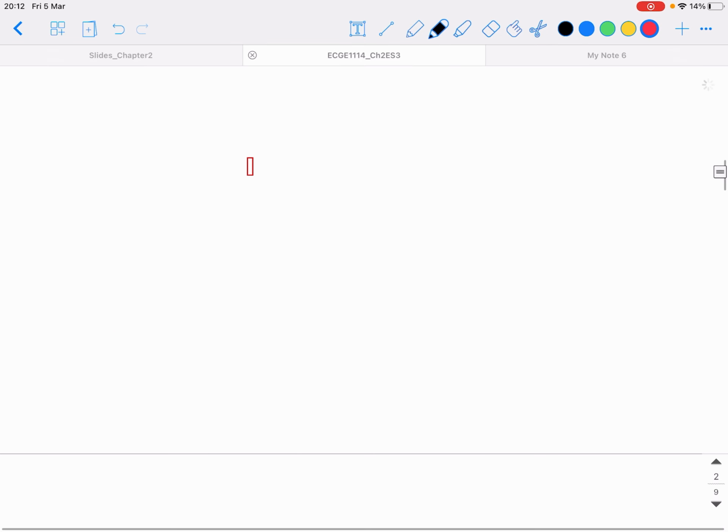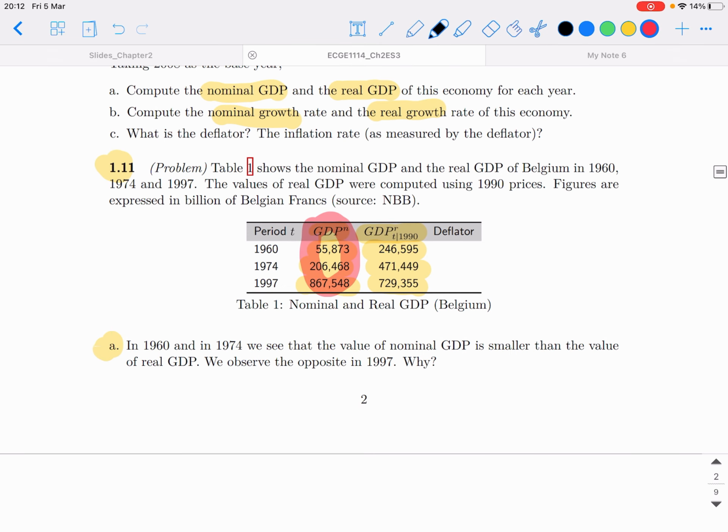So the prices at which nominal GDP was calculated, a long time ago, were much smaller than now. You need to remember that prices increase over time because we always have inflation. So prices in 1960 and 1974 were much lower than in 1997 or in 1990.